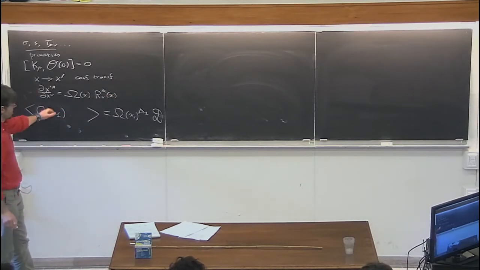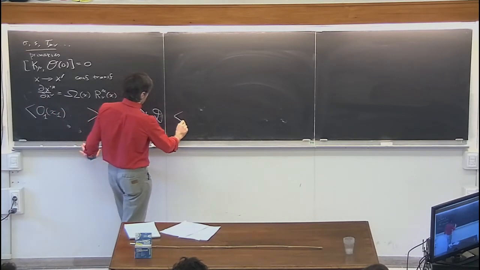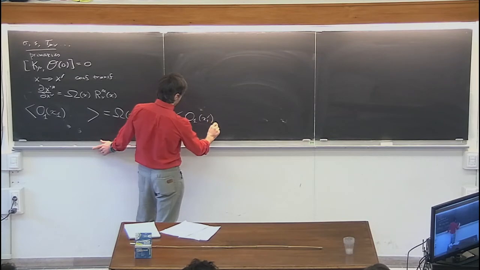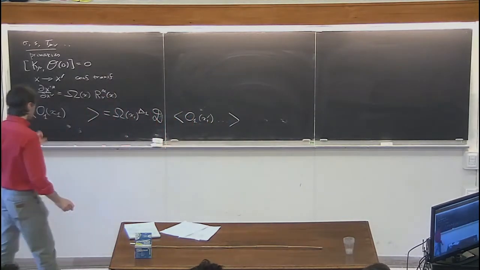If there are no indices, for scalars, there is no such matrix, times the correlation function O1 of x1 prime and so on. So I wrote such constraints.